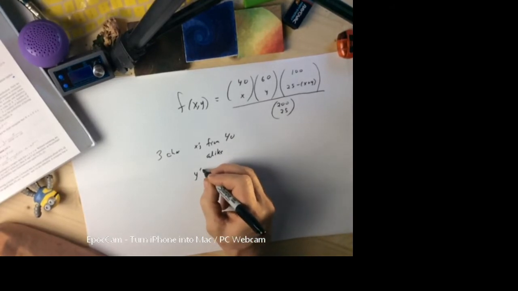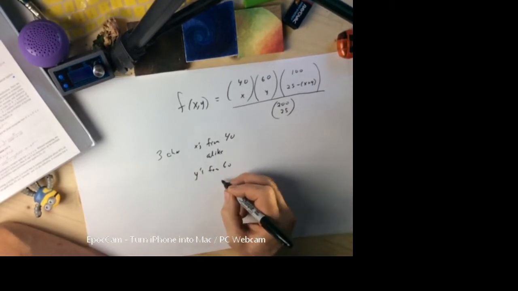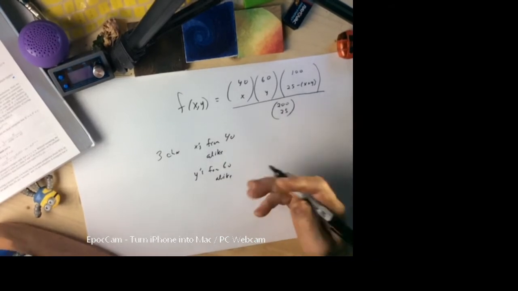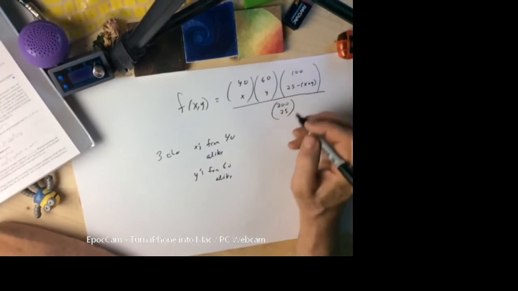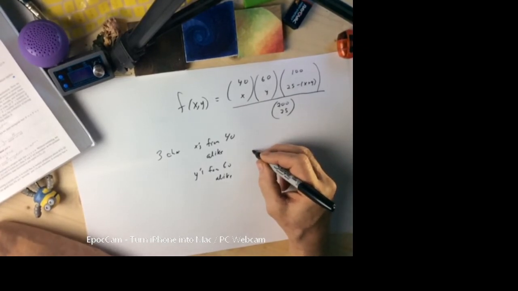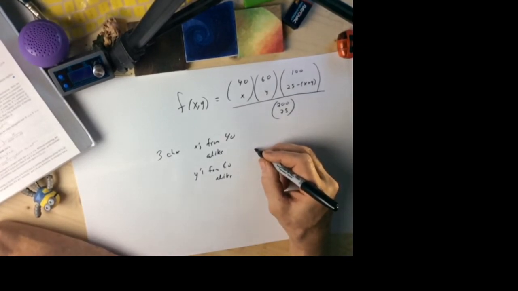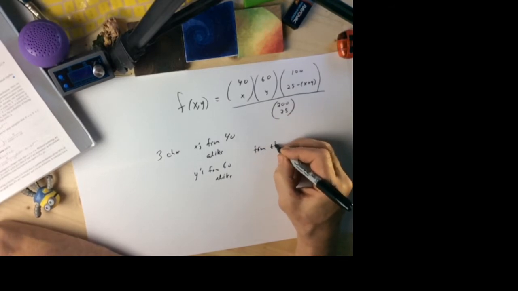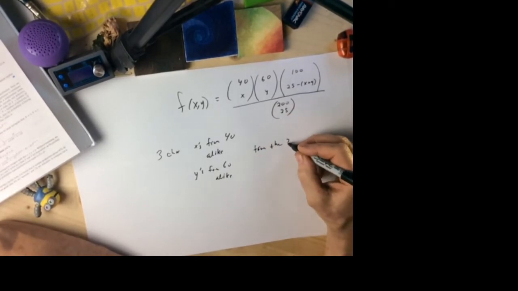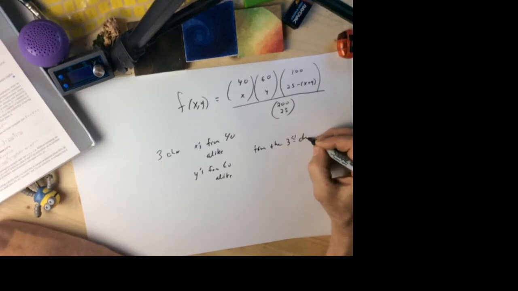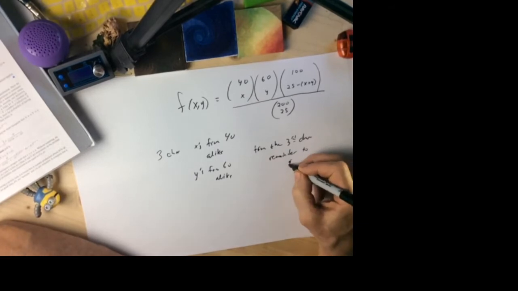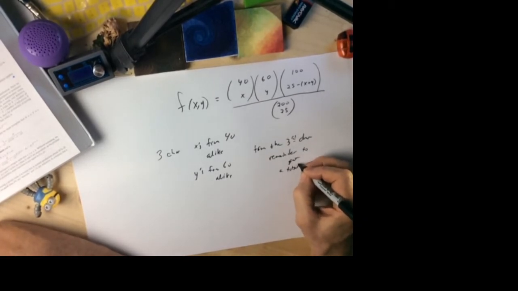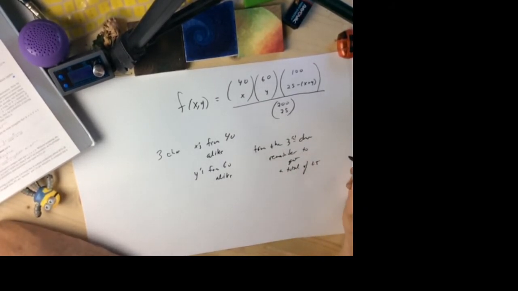We have the y's from 60 alike things, or indistinguishable. Isn't that the correct word? Indistinguishable. And over here, we have then, from the third characteristic, a remainder to get a total of 25.